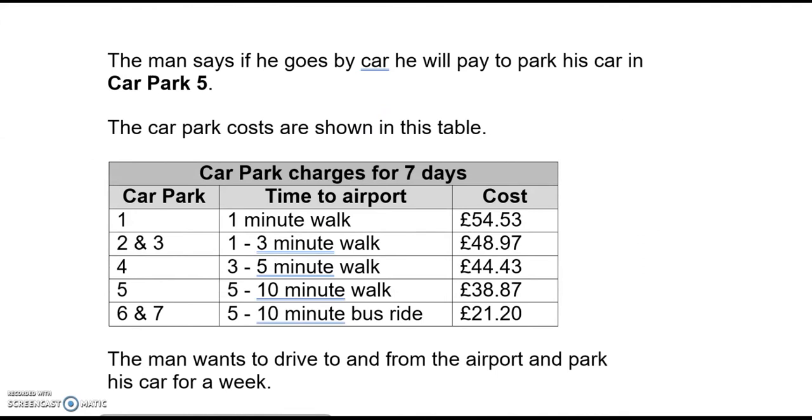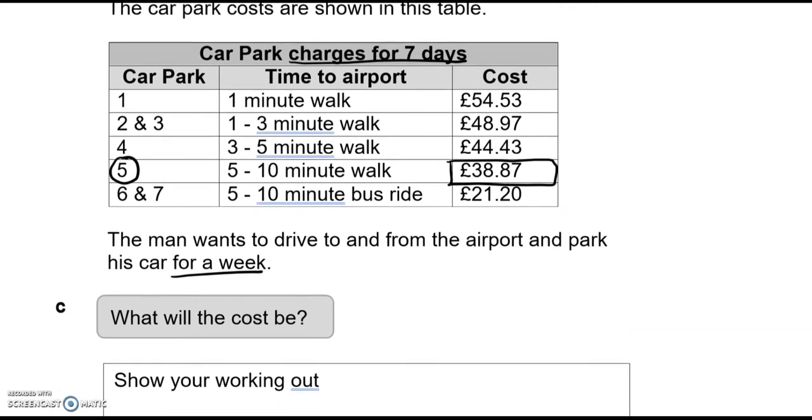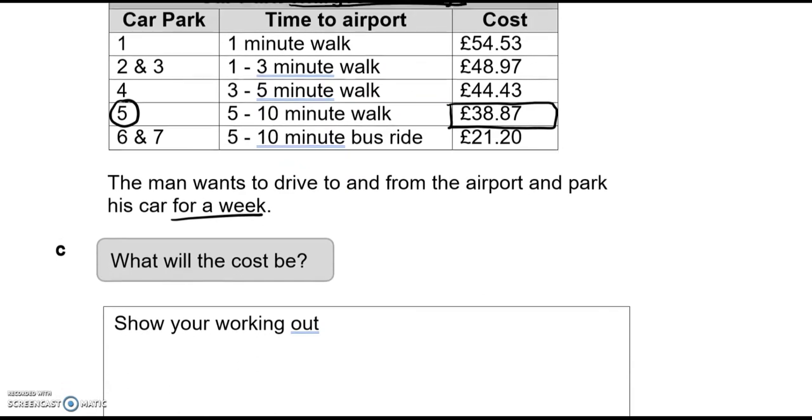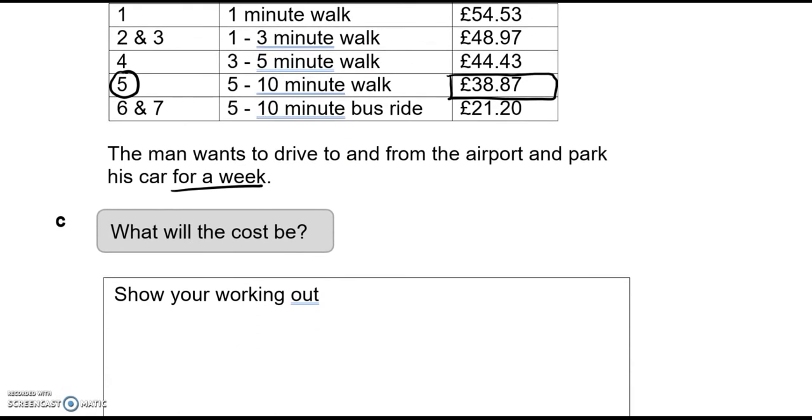The man says if he goes by car, he will pay to park his car in car park 5. The man wants to drive to and from the airport and park his car for a week. And we've got the charges for 7 days, so that's a week. So that's how much he's going to have to pay. What will the cost be? That is £38 and 87 pence.